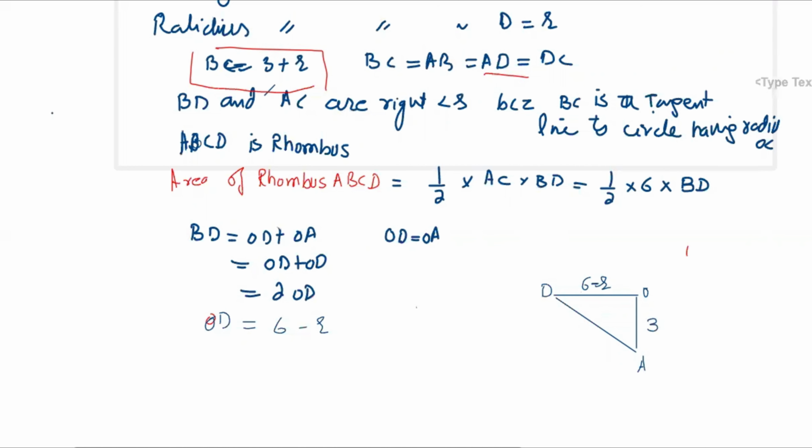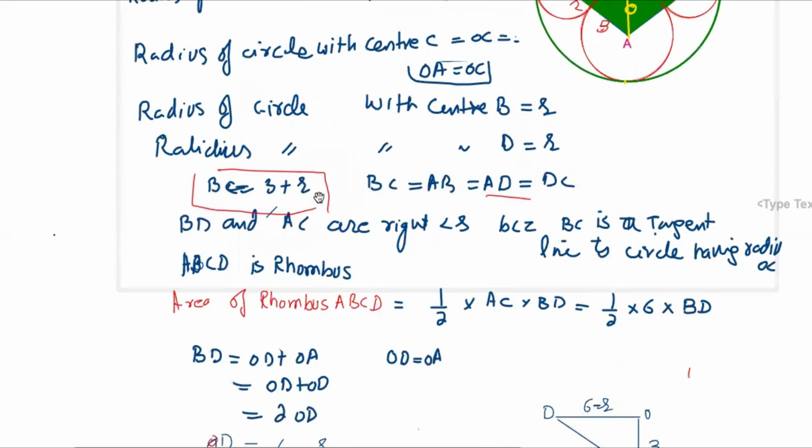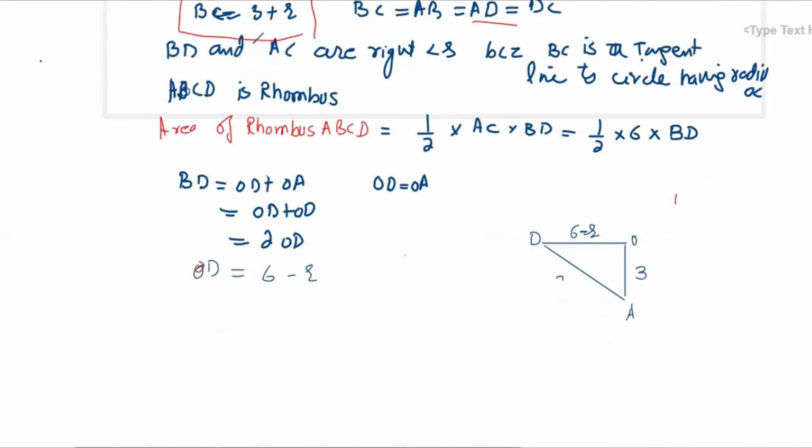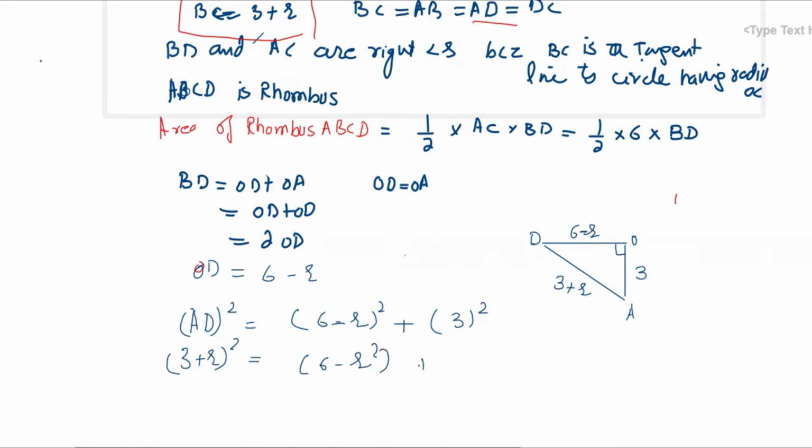The length of AD will be equal to BC, and BC is equal to 3 plus R. Now we use the Pythagoras theorem. Hypotenuse square will be equal to base square, 6 minus R whole square, plus OA, the altitude, square, we can write 3 square. So AD is 3 plus R whole square, and that is 6 minus R whole square plus 3 square.